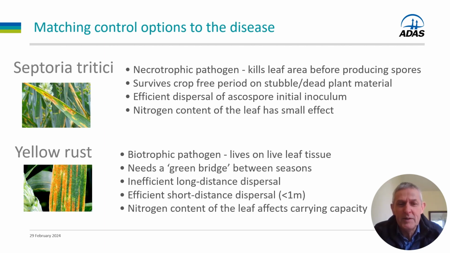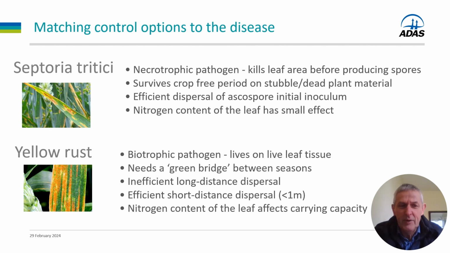And also, because these spores tend to be in little clumps, they can sometimes fall out of the air more rapidly. So it's fairly inefficient at long distance dispersal, which is why we tend to see small numbers of foci in crops where a clump of spores has managed to infect, rather than a kind of widespread infection which we see for Septoria.